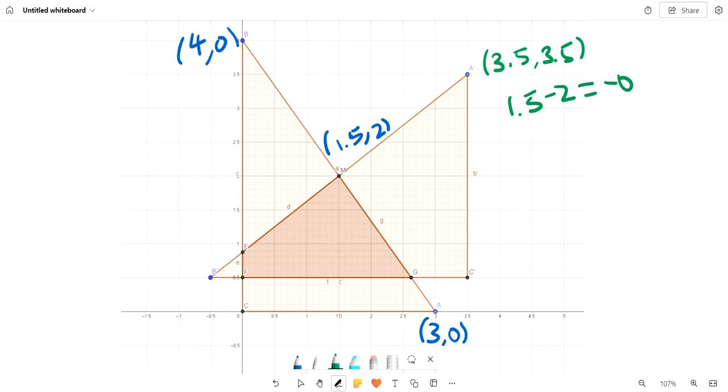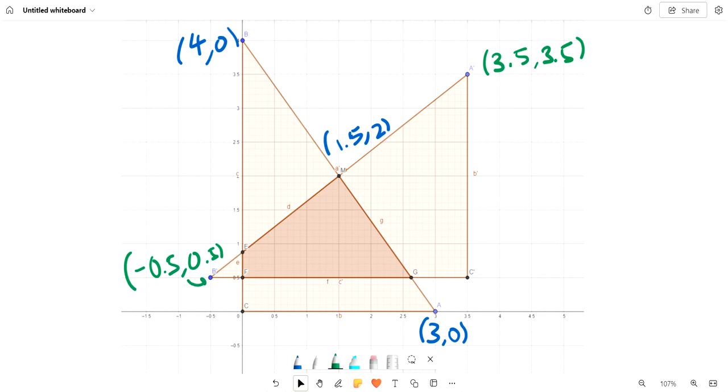So we find that B prime would equal, sorry, let me change that a bit, so just negative 0.5 and 0.5.